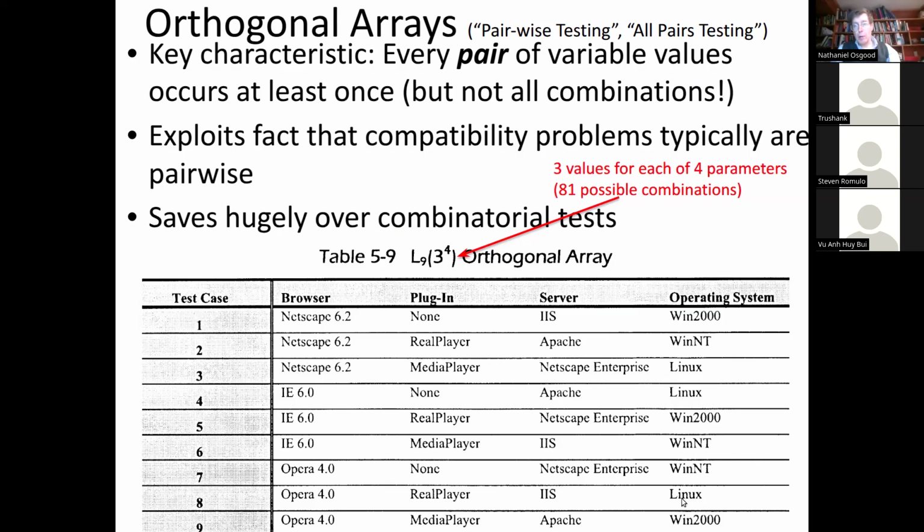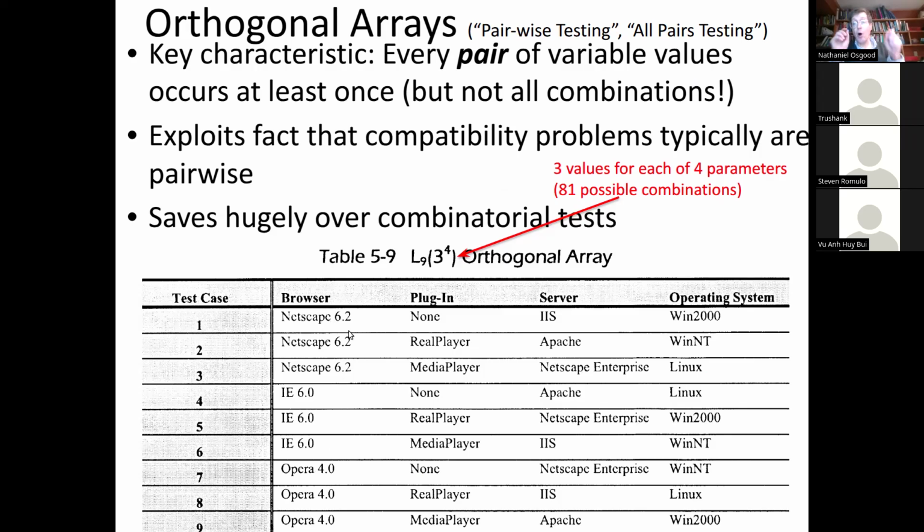Now notice that there are 108 combinations, right? If I said 4 times 3, it looks like maybe it's 3. Okay, I guess it's only 3. Yeah, so it's 3 to the 4th, right? Which is 81. 81 combinations naively if I examine all possible combinations. But I'm not doing that here. For an orthogonal array, I'm examining just a total of 9 combinations.